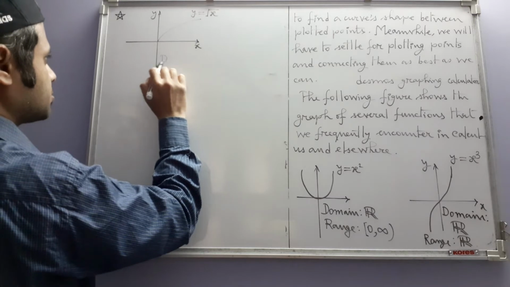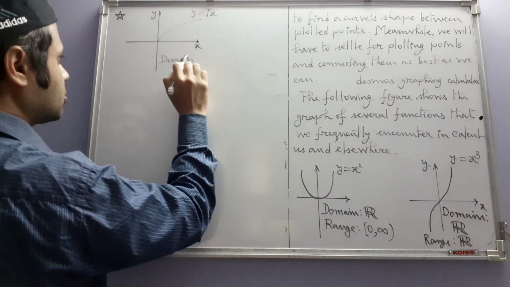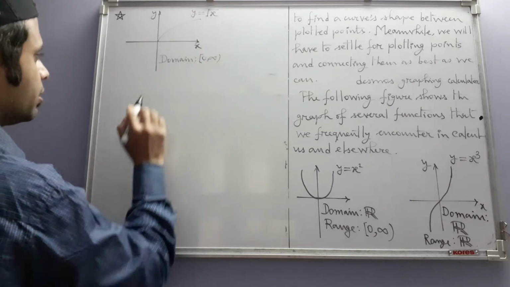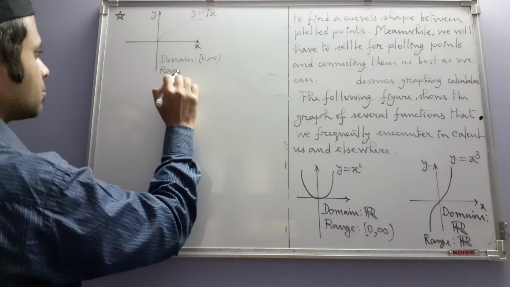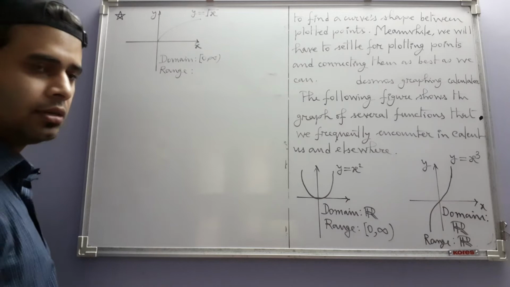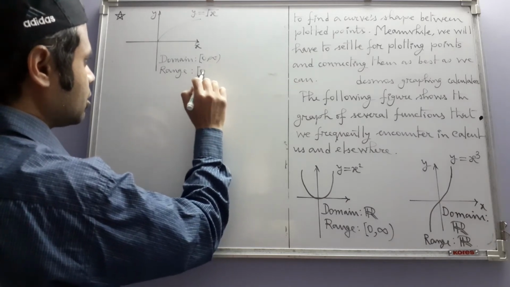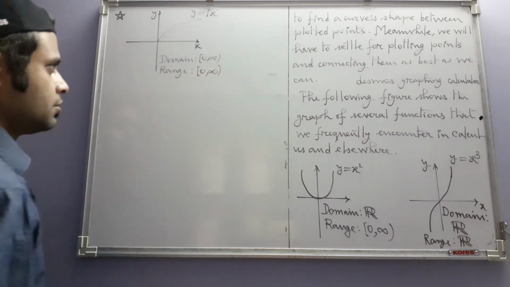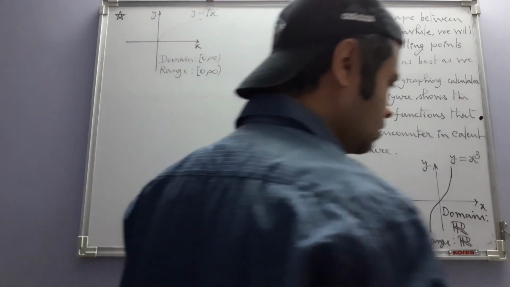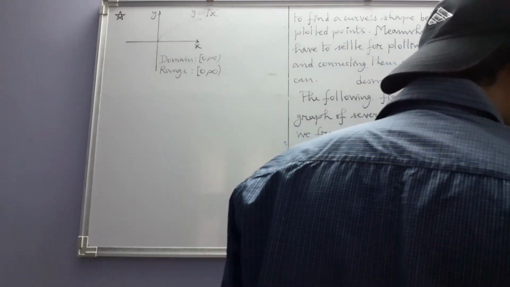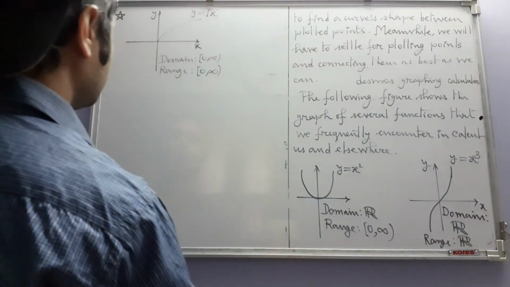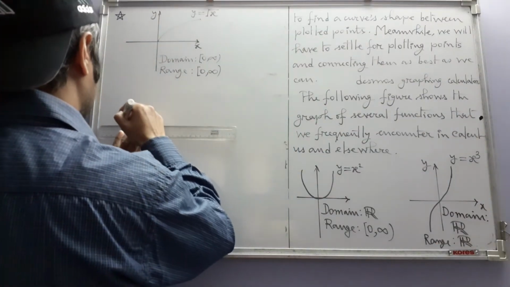In this case, the domain is the set of all non-negative real numbers, because we have a square root, you cannot take negative inputs. The range is also, it turns out, the same, the set of non-negative real numbers. Then after this, we cannot say before or after, just some graphs, that's all.